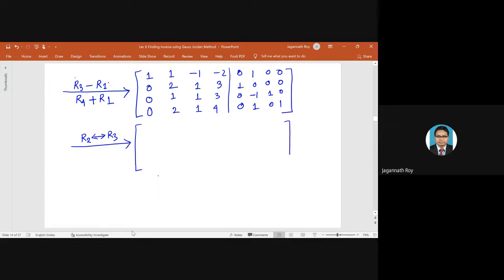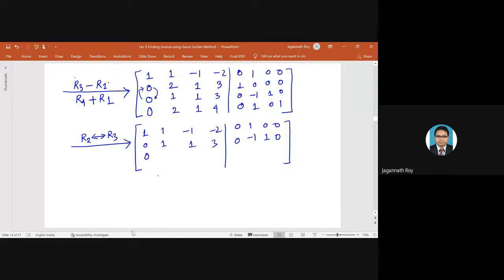If you do that, then this becomes 1, 1, minus 1, minus 2, 0, 1, 0, 0. Now it will go here: 0, 1, 1, then 3, then 0, minus 1, then 1, 0. And this is coming down to here.